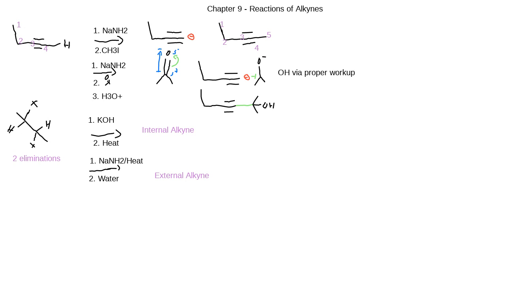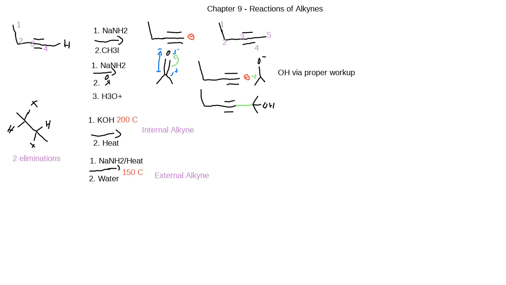So sometimes they may be paired with, so KOH will usually be paired with 200 degrees Celsius, and NaNH2 is usually paired with 150 degrees Celsius. Okay. That might be a conceptual question. I'm not sure, but just in case.